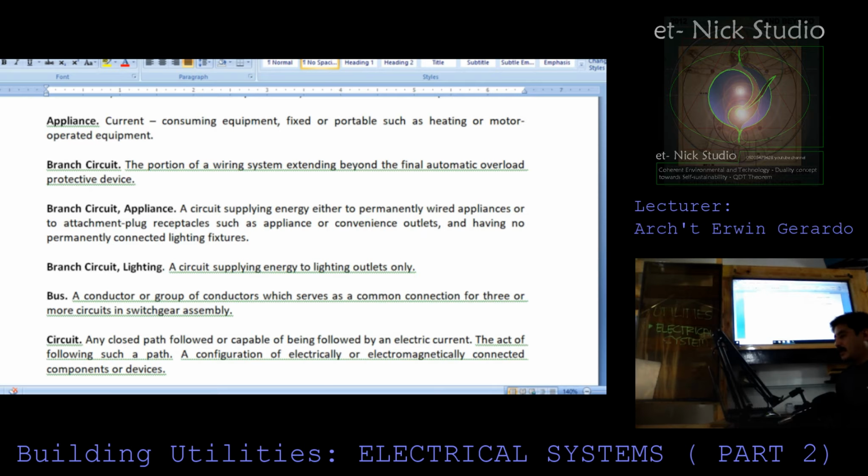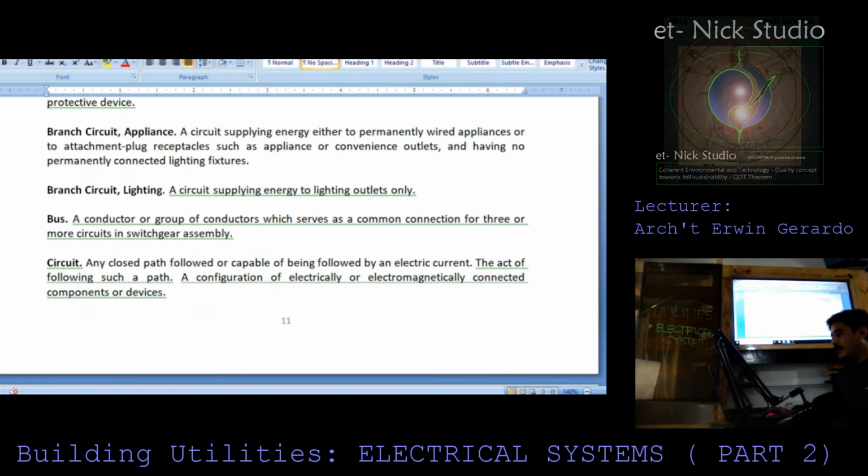Bus is a conductor or group of conductors which serves as a common connection for three or more circuits in a switchgear assembly.